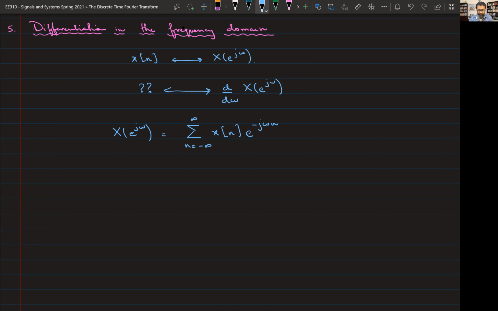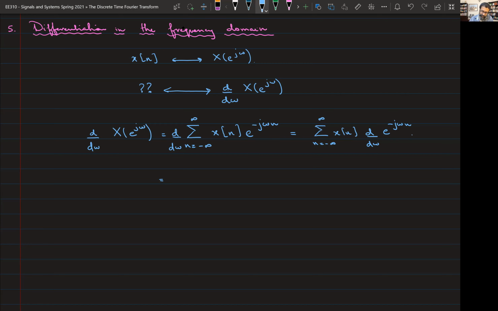And if I differentiate with respect to omega on both sides, on the right-hand side the derivative can go inside the summation. So this is the derivative of e raised to power minus j omega n.